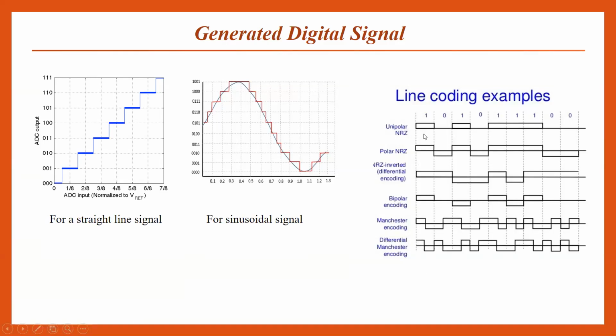In unipolar, only positive voltage will occur. In the bipolar, or we can say polar, positive and negative voltage. For the zero, negative voltage will be taken, and earlier in the unipolar, for the zero, no voltage was transmitted. Similarly, bipolar encoding. These are some examples.